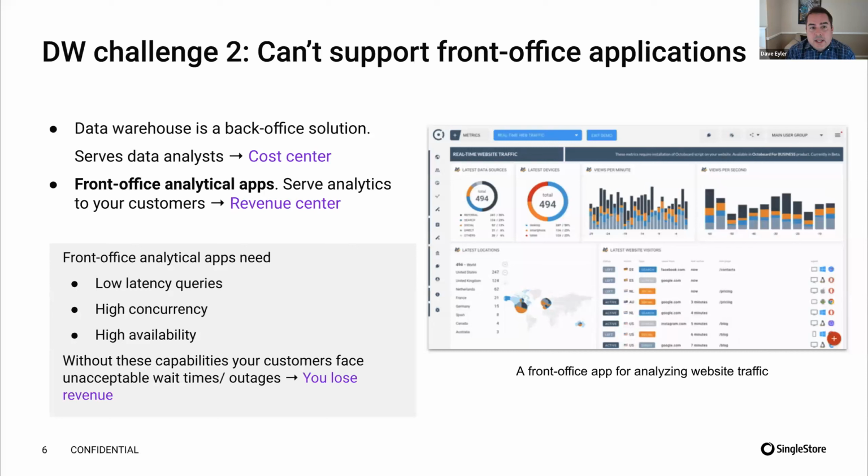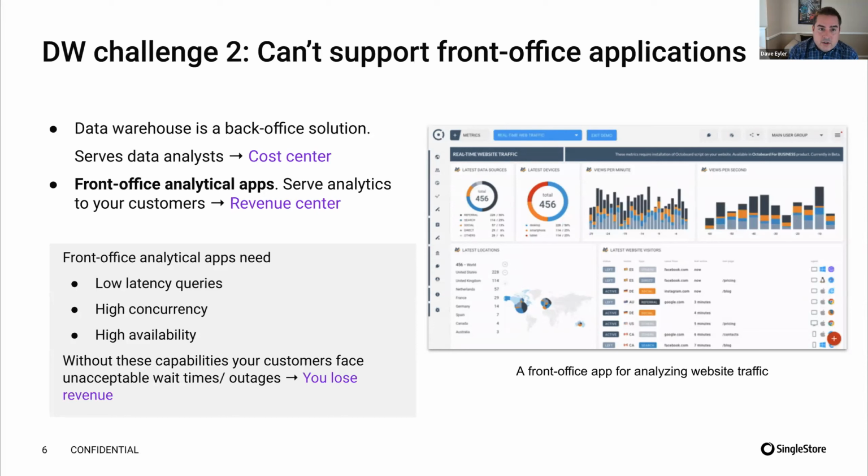Data warehouses and lakehouses are a back office solution. They are a cost center, and they're made to serve analysts. So when you try to use a back office solution to serve a front office application, you get long wait times, you get outages, unhappy customers, unhappy key stakeholders. To do a front office analytical app, you need really low latency queries, really high concurrency, and really high availability.